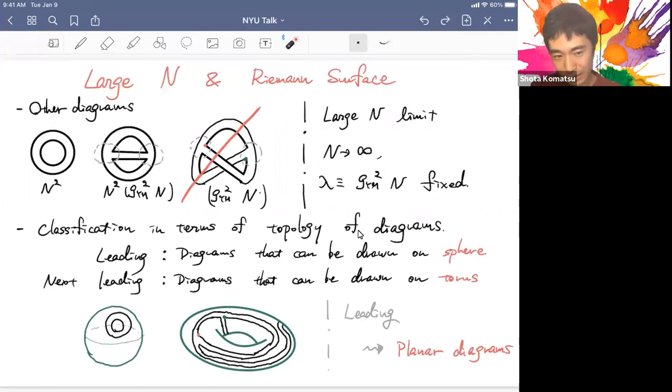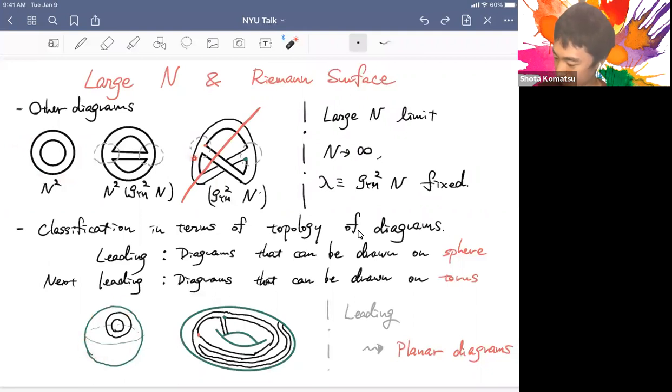And more mathematically, you can understand which diagrams contribute in the large N limit in terms of the topology of the diagram. In particular, the diagrams that contribute at the leading order are diagrams that can be drawn on a sphere. On the other hand, the diagrams that contribute at the next leading order are the diagrams that can be drawn on a torus. So these are examples. This diagram, which contributes at the leading order, you can draw on a sphere.